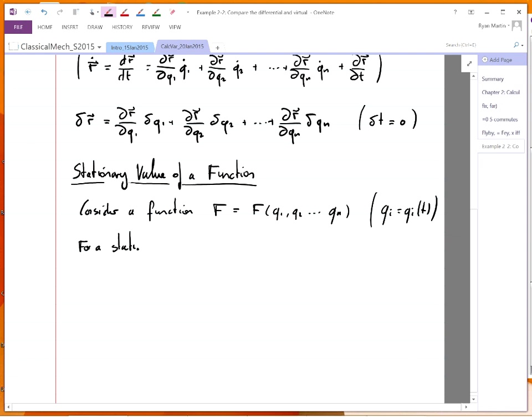Alright, so for a stationary point, delta f equals 0. So only if I'm at a point where the function is stationary, then you can think of it like a surface in 3D space. That means the function is flat. So any direction that you walk along the coordinates, the function shouldn't change.